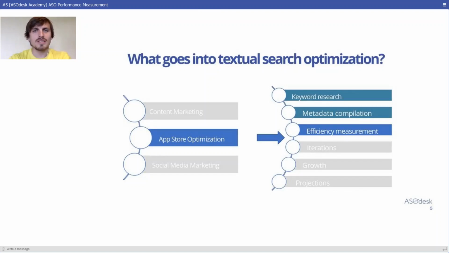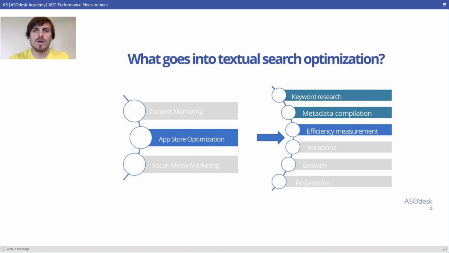What goes into textual search optimization? You remember from Monday's and Tuesday's lectures, we are doing keywords research, right? We filter this semantic core from non-relevant keywords and keywords which have no traffic score.